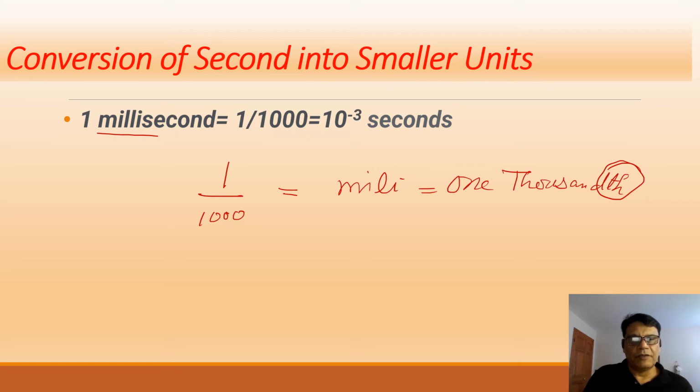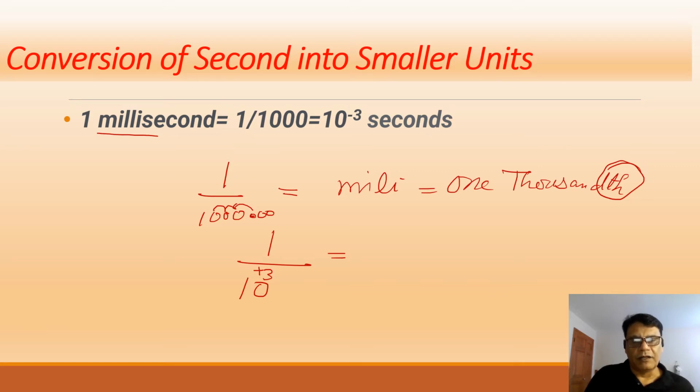Similarly, you can change this number like this: 10 raised to power 1, 2, 3, by moving decimal points, and its value will be 1 over 10 raised to power 3.